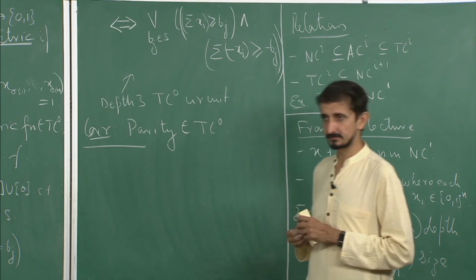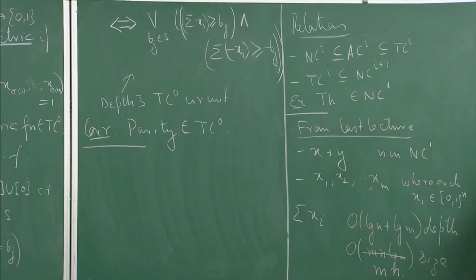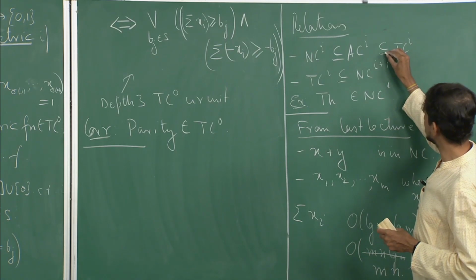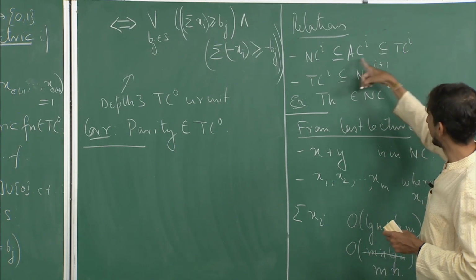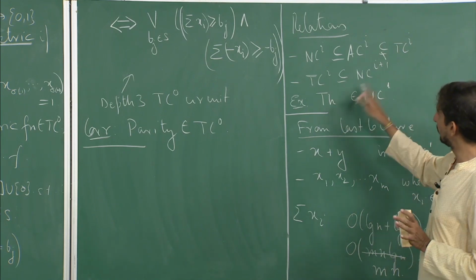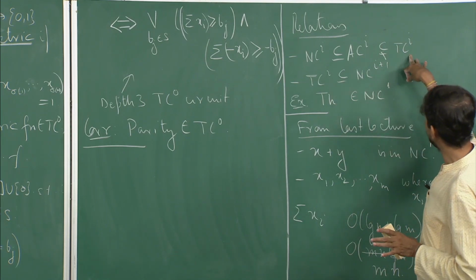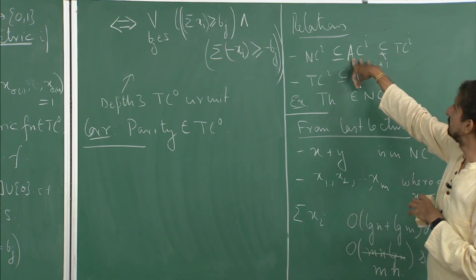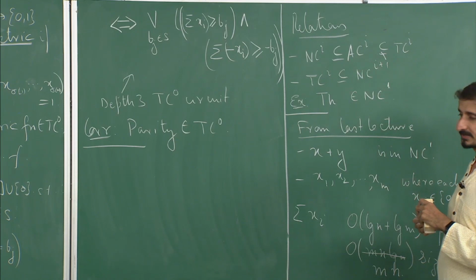Okay. So any questions? This we know is a strict containment once we prove that parity is not in AC0. So far we still don't know, but we have just proved that it is in TC0, and once we show that it is not in AC0, it will be a strict containment.